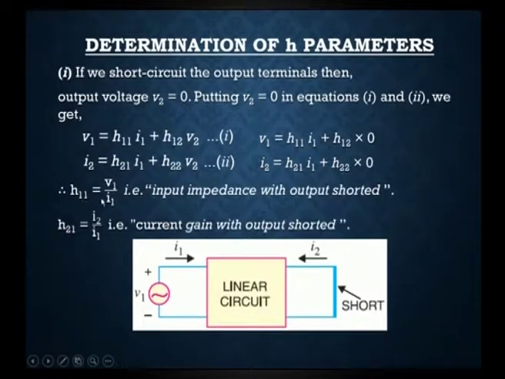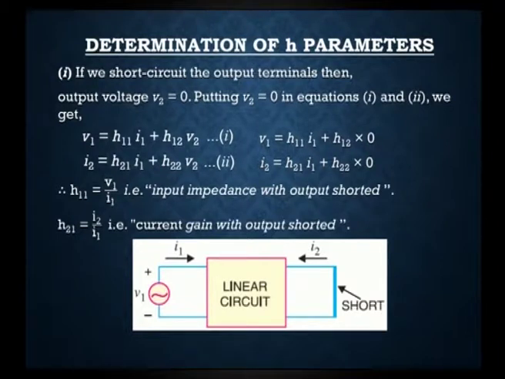This is the expression when we make the output terminal shorted. So the H11 value we can find with V2 equal to 0: H11 is equal to V1 divided by I1, which is called the input impedance with output shorted.